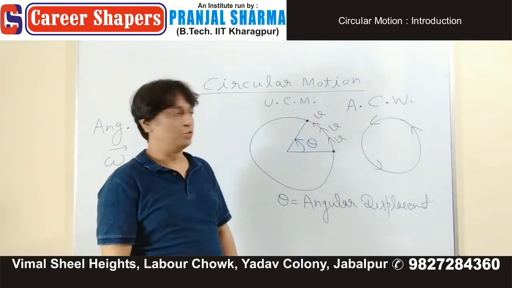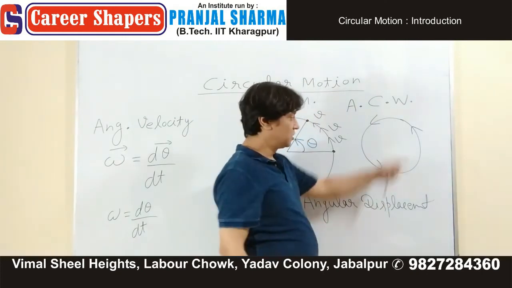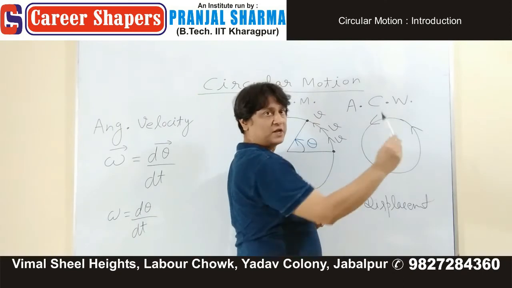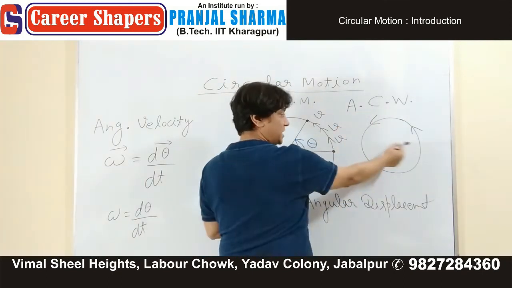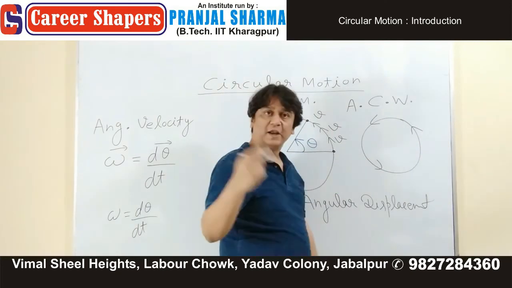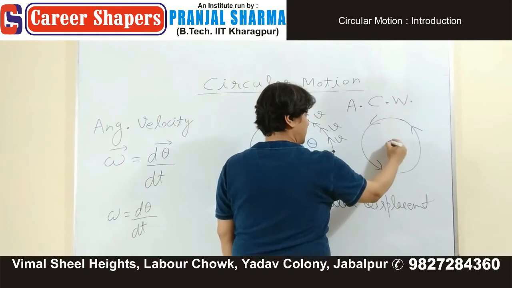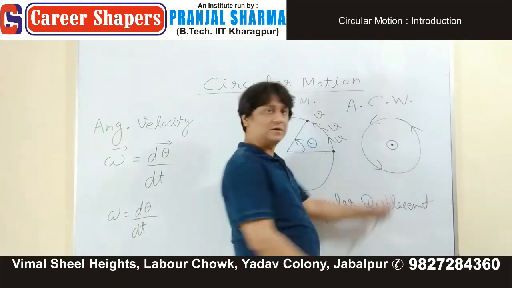Anti-clockwise circular motion. Now for circular motion, this is the axis. I hope you can see. The axis always runs through the center. This is the axis. Now how do we represent the axis? You represent the axis like this. This is the axis.